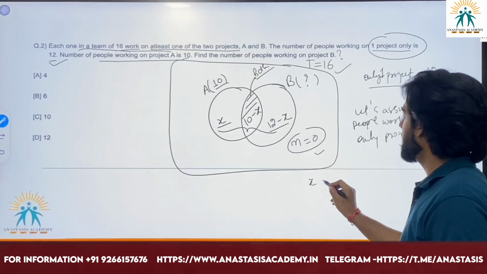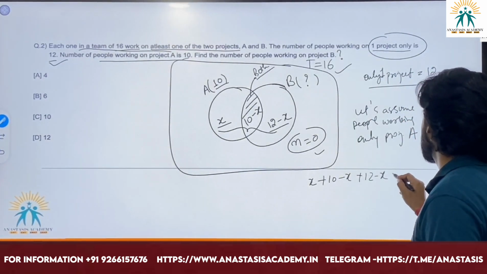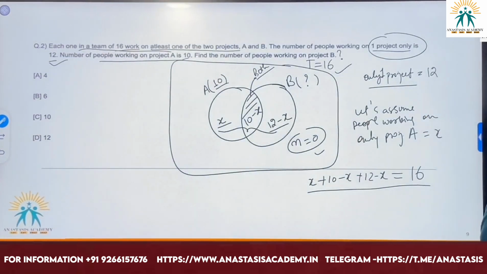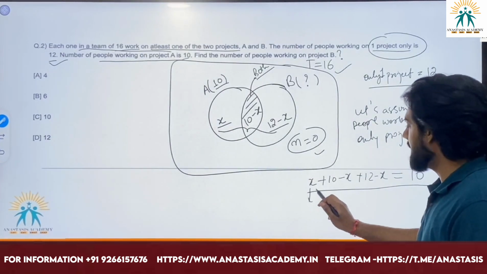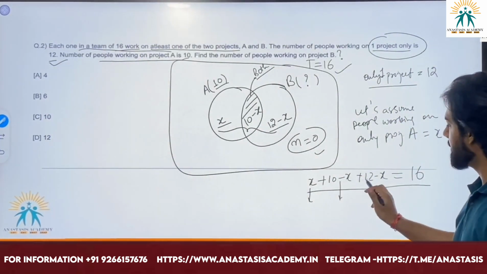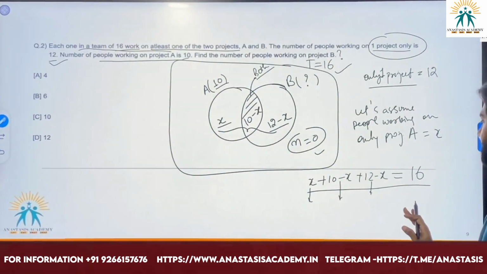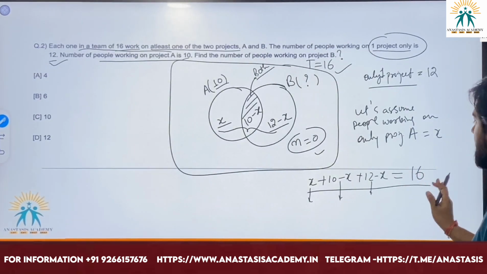So X plus 10 minus X plus 12 minus X must be equal to the total number of people in the group. Why? Because this is people working on only project A, this is people working on both the projects, and this is people working on only project B, and this must be equal to 16 because there are 16 members.